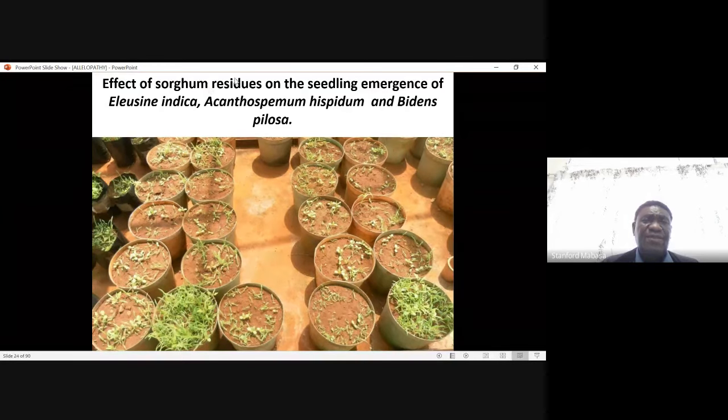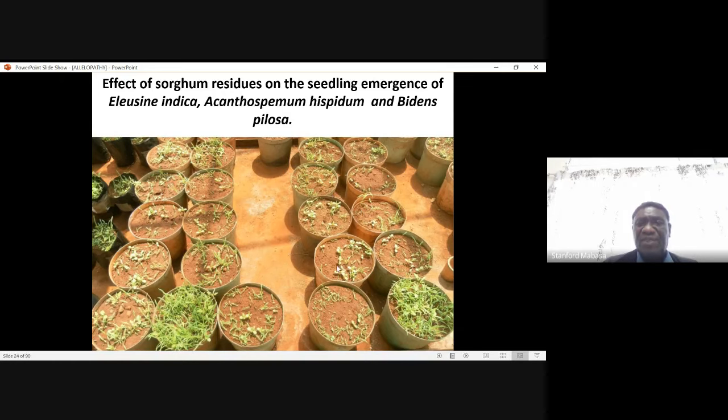This is the effect of different sorghum residues on Eleusine indica, Acanthospermum hispidum, and Bidens pilosa. This was done in pots. This is actually a control.